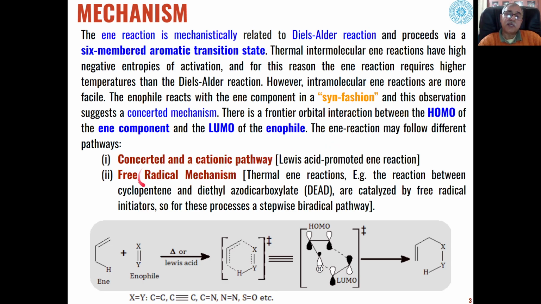Then a third category may be a free radical mechanism, which may also be seen in thermal ene reactions. So when the alkene reacts with a free radical initiator like diethyl azodicarboxylate, then the process becomes a biradical mechanism.